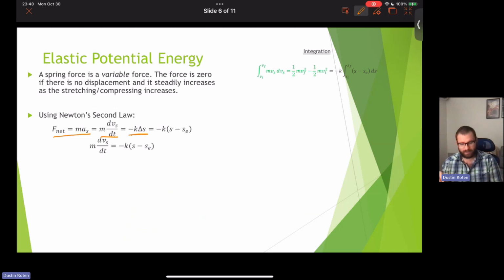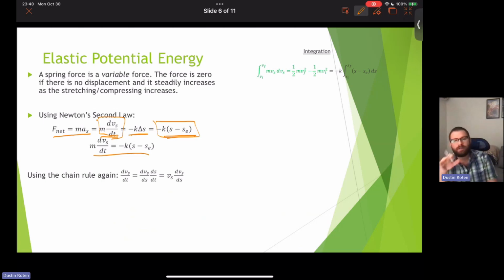So here we sum the forces. The only force acting is the spring force. We can rewrite that delta s as the difference in final minus initial in equilibrium. Now I'm interested in this piece here and this piece here. We know they're set equal to each other, so I'm just going to pull those two pieces out and set them equal to each other.